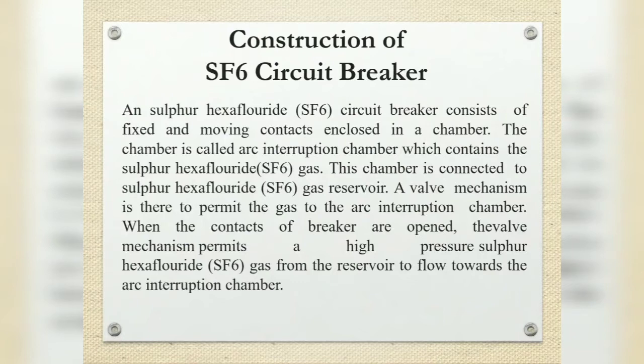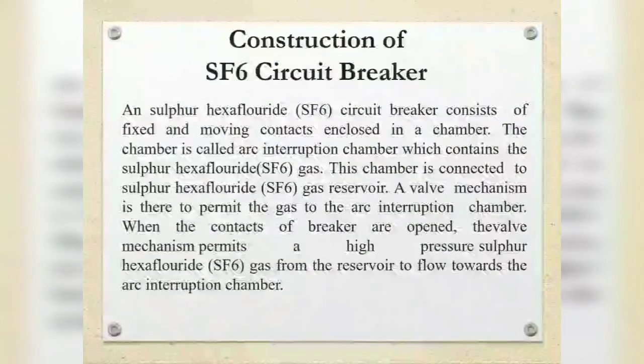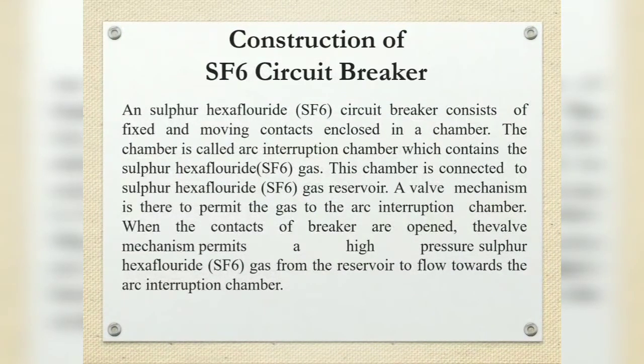So a sulfur hexafluoride circuit breaker consists of fixed and moving contacts enclosed in a chamber. The chamber is called the arc interruption chamber, which contains the sulfur hexafluoride gas. This chamber is connected to a sulfur hexafluoride gas reservoir.